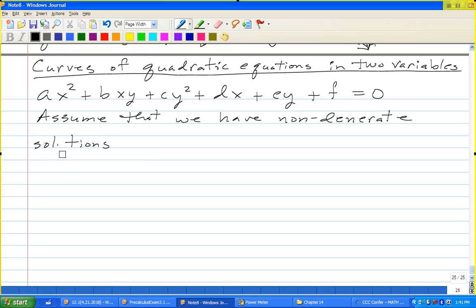So a degenerate solution would be either an empty set. So a non-degenerate one, I'm assuming that it's not an empty set.